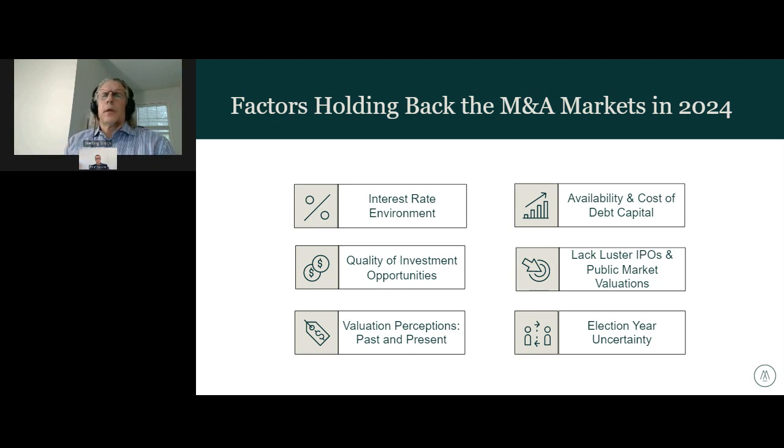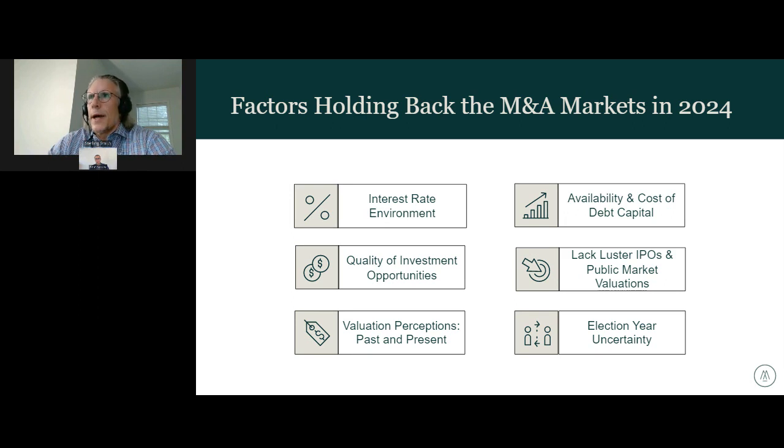Valuations, it's interesting. They seem to be a little sticky from what I hear. And it's a challenge because you had sellers who were selling in the vibrant 2021, talking to their peers who are considering selling, and the current group of sellers look out and say, well, why can't I get what you got for your business?